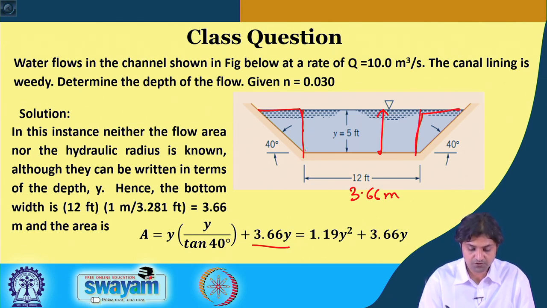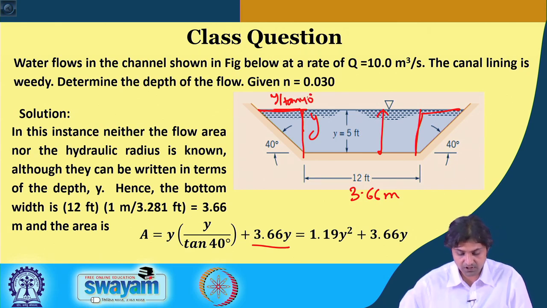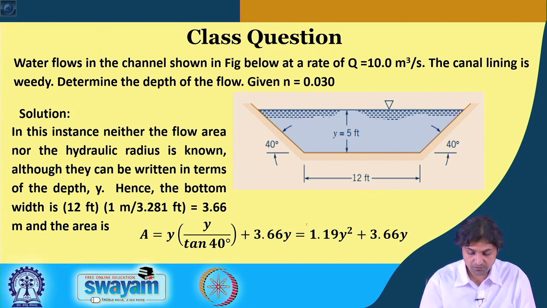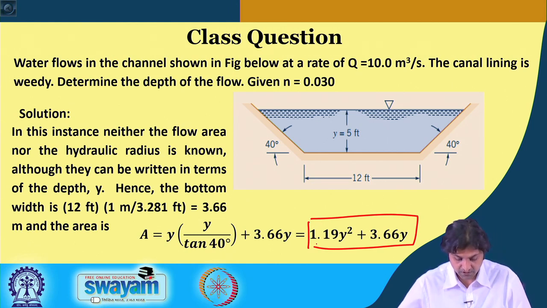These are symmetric, so we can write half plus half is 1, so y into y by tan 40, because the angle is given to us. So in terms of y, the area comes as 1.19 y squared plus 3.66 y, where A and y are in square meters and meters respectively.